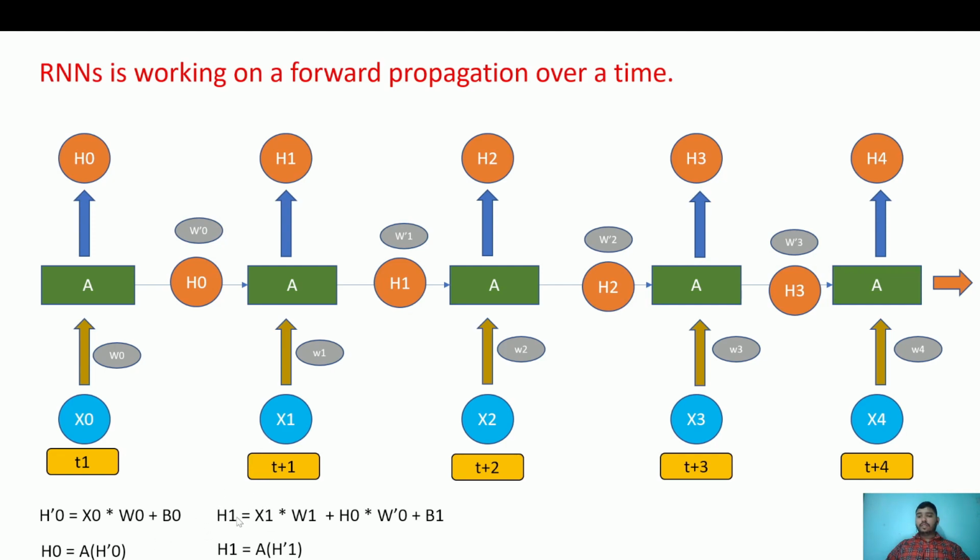Here is a typing mistake, it is h'1. Finally, on h'1 we apply the activation function to get h1, and this process goes on until the output layer. I hope you got the idea of how RNN's internal computation works.